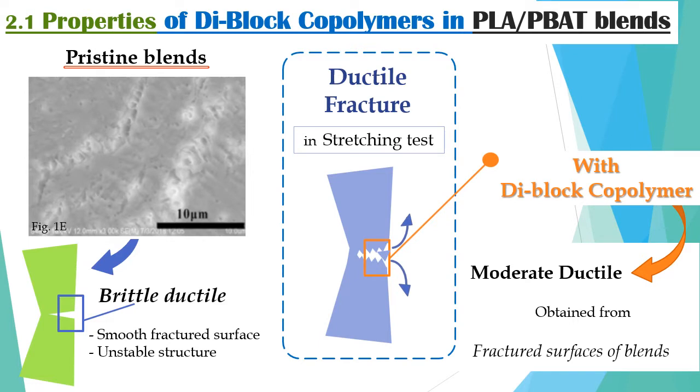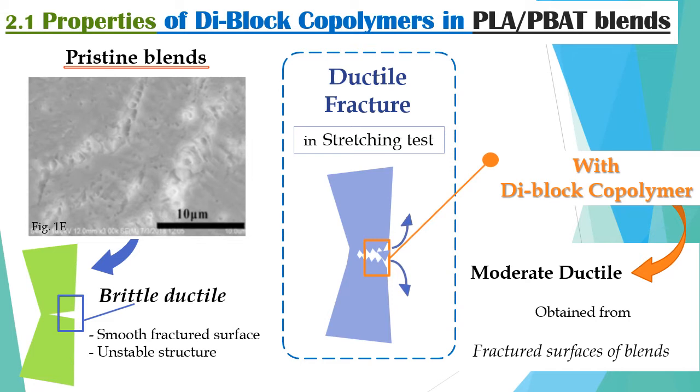Properties of the block copolymers in PLA and PBAT blends. In pristine blends between PLA and PBAT, brittle fracture occurs with a smooth fracture surface. The unstable structure at the gap leads to brittle fracture like stiff PLA.